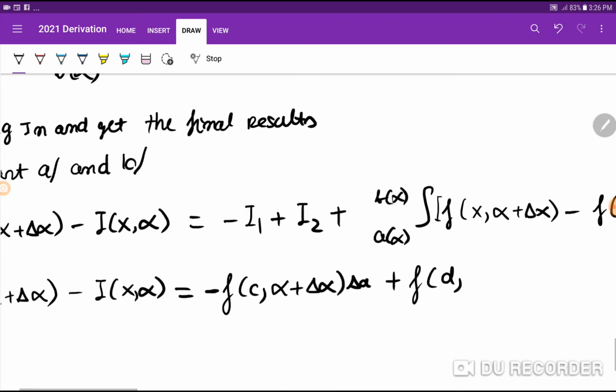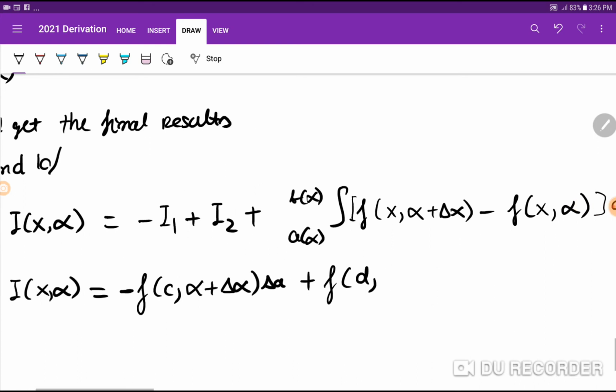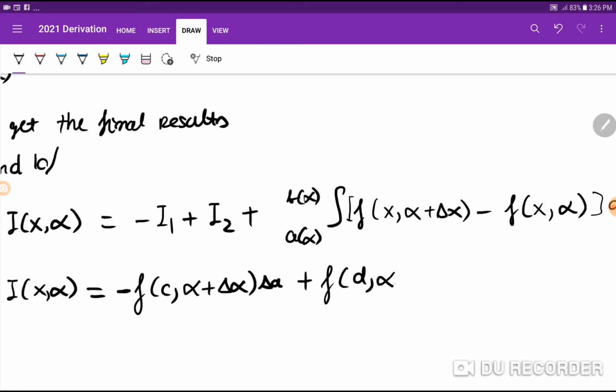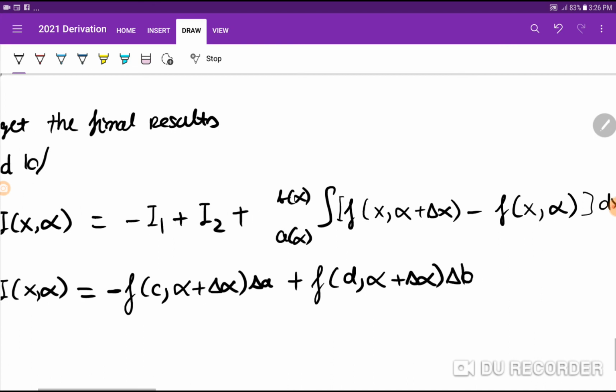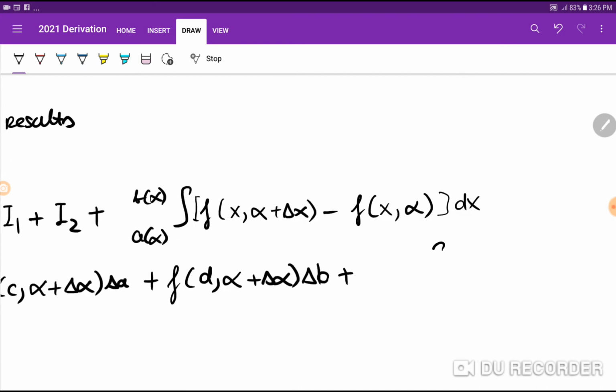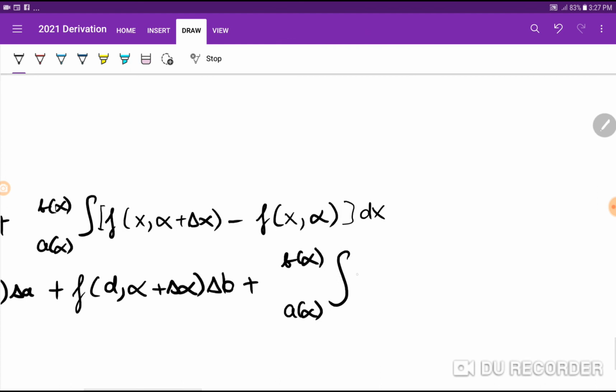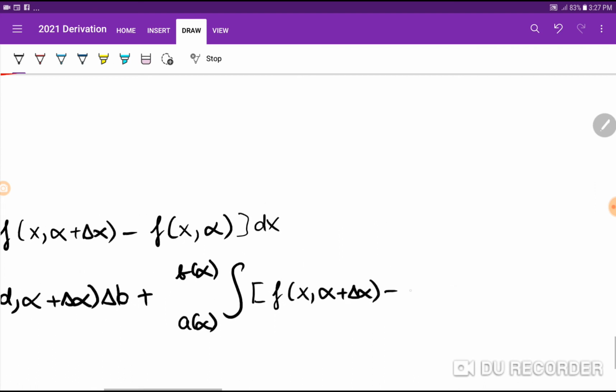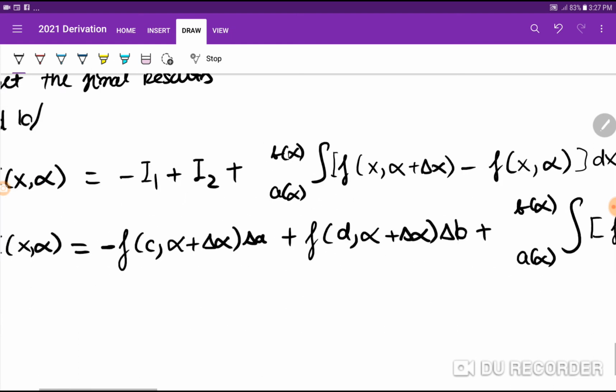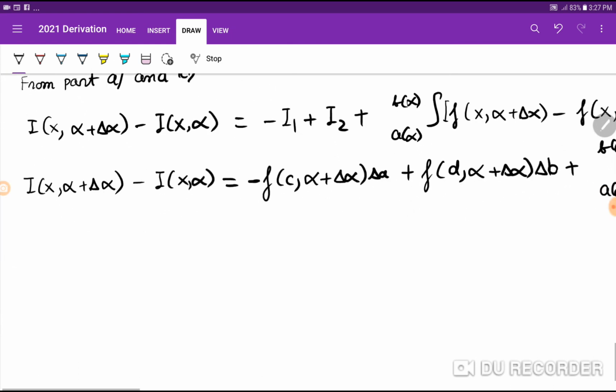Let me see, what is the next thing? Oh yeah, f d alpha plus delta alpha delta b plus, you remember the rules of mathematics. If you don't know what to do, just keep it intact, just leave it be. Okay, so I'm gonna go ahead and copy this down. The integral of f x alpha plus delta alpha minus f x alpha dx. Okay, cool.